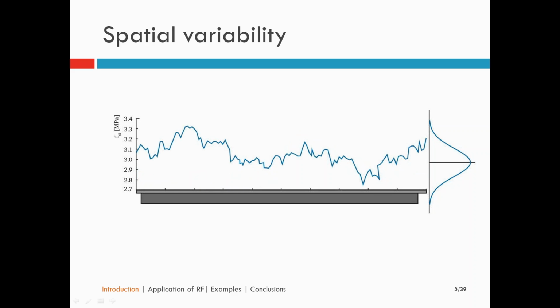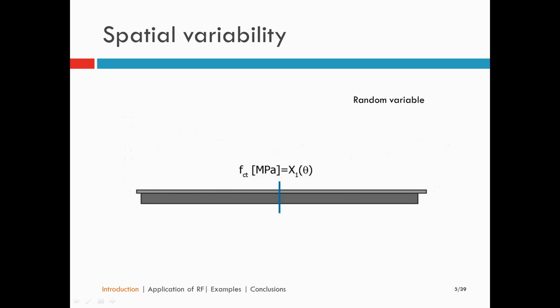But this could also be a distribution. This is uncertain. One approach is to use safety factors and calculate with a lower tensile strength in the analysis. The other option is to take the spatial variability of, for example, the tensile strength or any other material property into account in the analysis. And that's what we do with random fields.